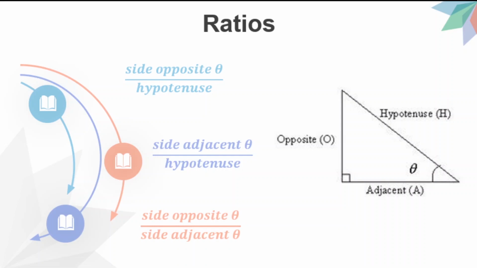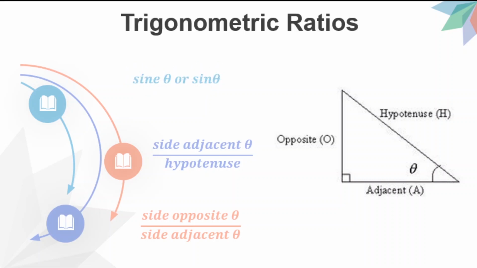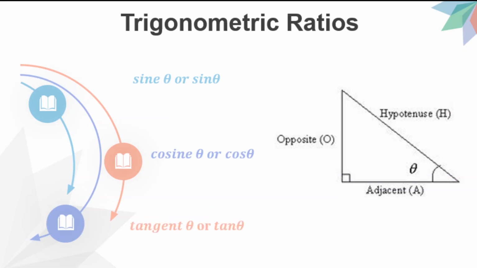These ratios, when translated to trigonometry, are what we know as the constants: sine theta for opposite over hypotenuse, cosine theta or cos theta for the side adjacent over hypotenuse, and tangent theta or tan theta for the side opposite over side adjacent.